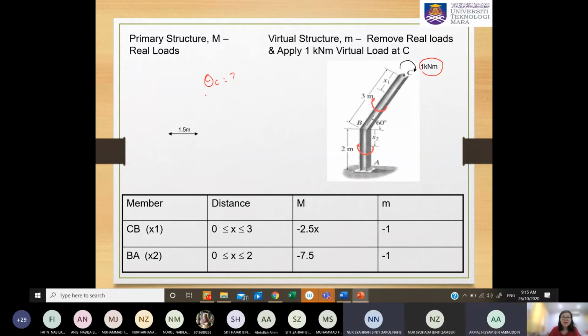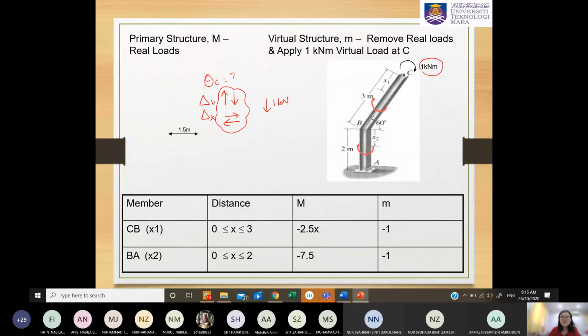If you want to determine the vertical or horizontal displacement, in terms of delta V or delta X, where the displacement is in either vertical direction or horizontal direction, they move for that point. We use 1 kilonewton, or 1 Newton, the unit will follow whatever in the real structure, to the point and with the direction of this translation.